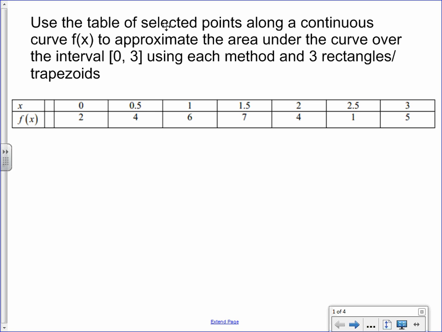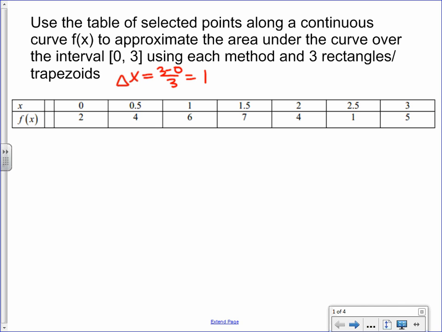We just did trapezoids, so let's start with trapezoids. Let's use 3 trapezoids to approximate the area under this curve, knowing this information. We're on an interval from 0 to 3. How wide is each trapezoid? If we take 3 minus 0 and divide by 3, that would be 1.